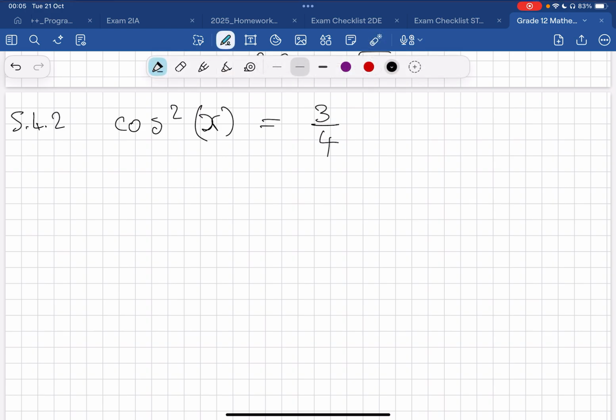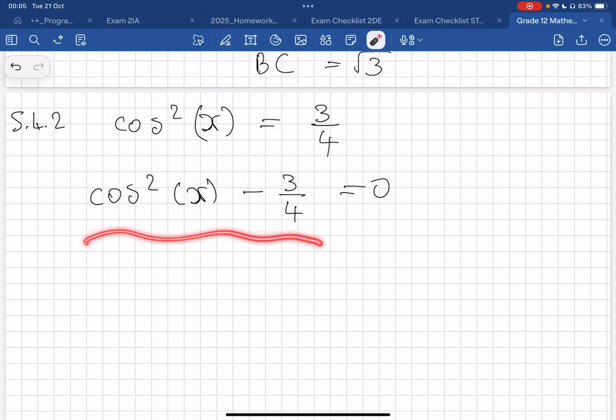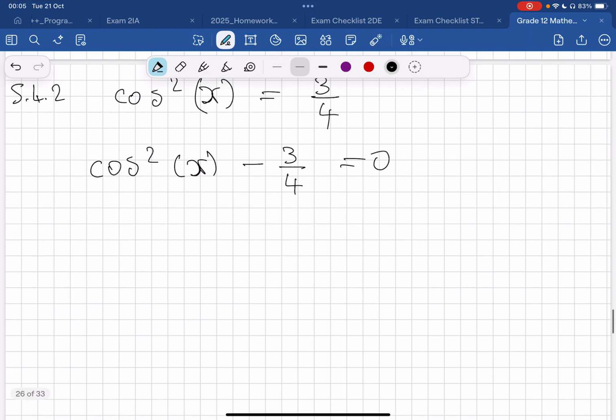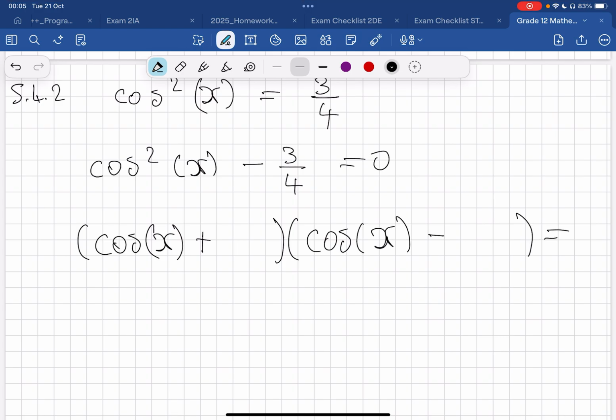What I can do though is I can say, well, this is cosine squared x minus 3/4 is equal to 0. And this is a difference of two squares because I can write this as cos x plus something, cos x minus something.